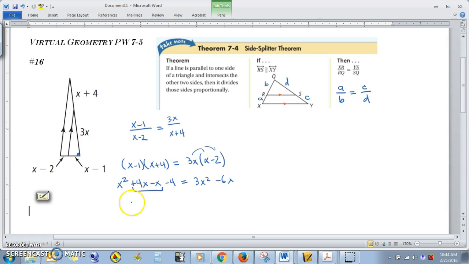These are like terms, so we got x squared plus 3x minus 4 equals 3x squared minus 6x.